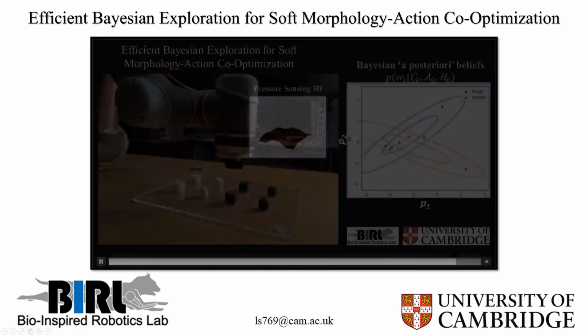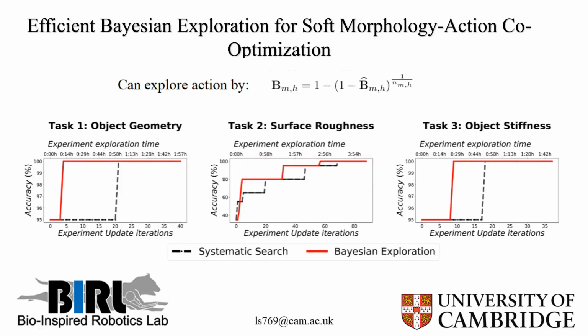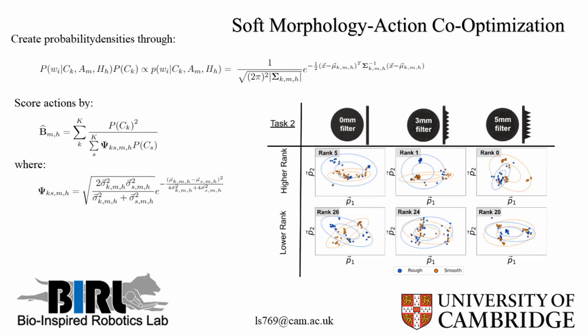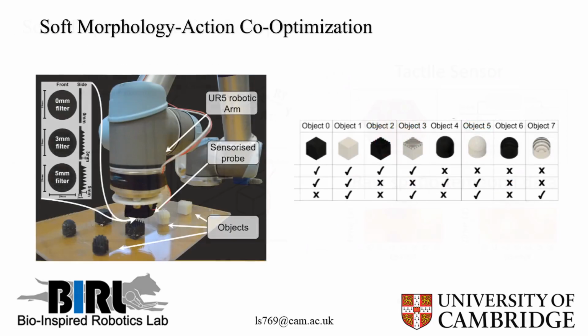When you do this, you can finally see that the robot is, for example, capable of discriminating between rough and smooth objects by picking a tool or a dielectric which is capable of sensing these rough surfaces.